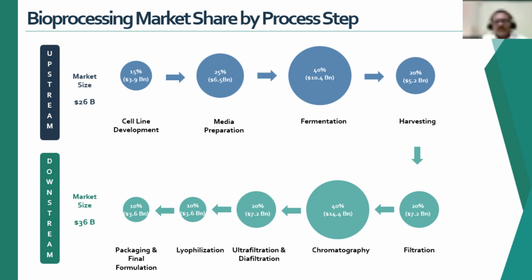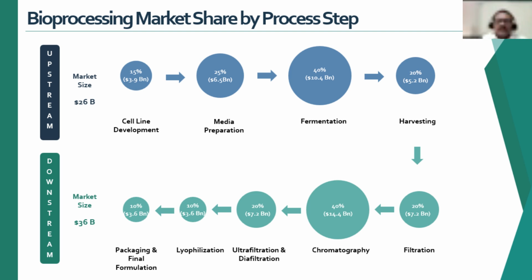Whereas in downstream, chromatography resins that are used for purification and filtration constitute a major chunk of the downstream market, followed by ultrafiltration, filtration, and finally lyophilization, which helps in stability, and packaging and fill and finish formulation steps account for around 10% each.